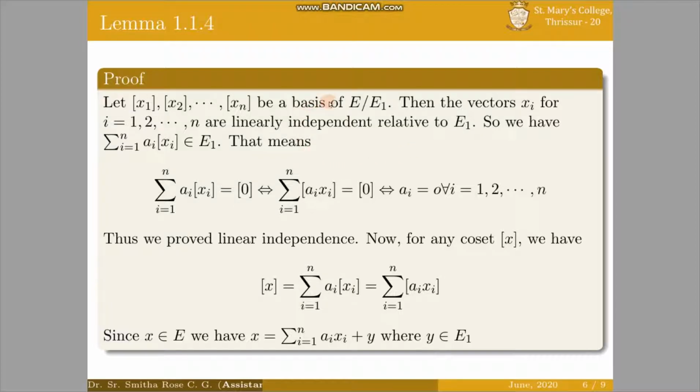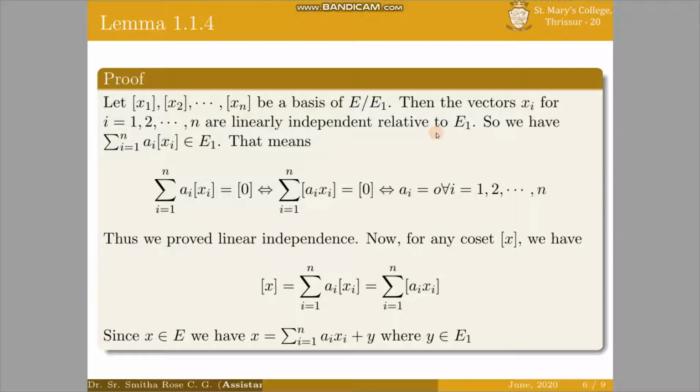So if the dimension of the quotient space is n, we can find n linearly independent cosets. That is, here I am taking coset x1, coset x2, etc. coset xn to be a basis of E by E1. Then the vectors xi for i equal to 1 to n are linearly independent relative to E1. So suppose we have the summation i equal to 1 to n of ai xi is an element of E1.